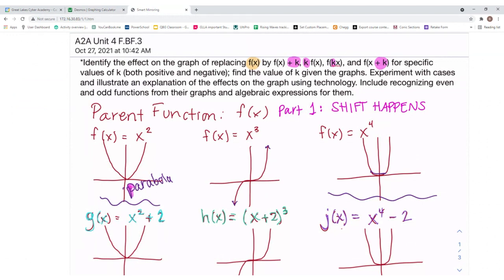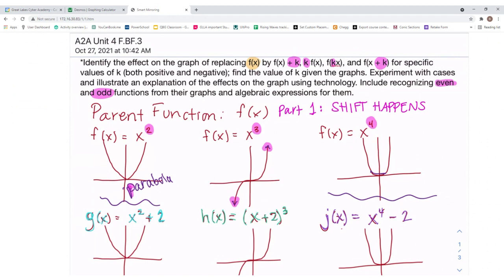Even functions are functions whose power is an even number, and they both point up or both point down. Odd functions are functions whose power is an odd number, and one side goes up and the other goes down, so left side up and right side down, or the reverse. They go opposites. Odd goes on opposite sides and even goes in the same direction.